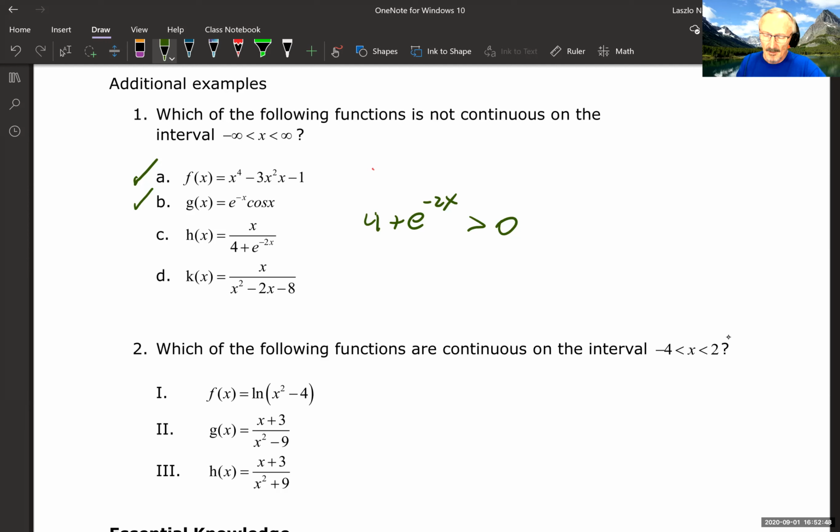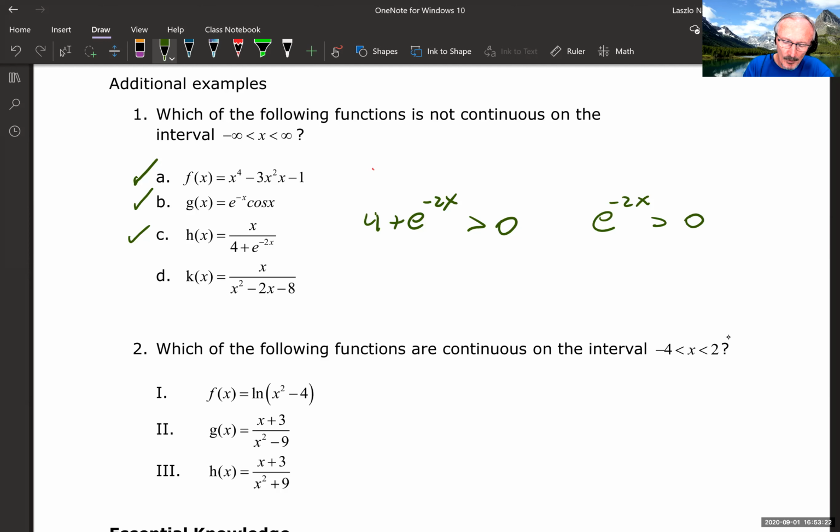That's important because e to the negative 2x by itself is always greater than 0. We have a horizontal asymptote at y equals 0. So consequently, there's no danger of h of x being undefined or discontinuous over the set of real numbers. And so D, it looks like without any scrutiny, will be our function that is discontinuous somewhere.